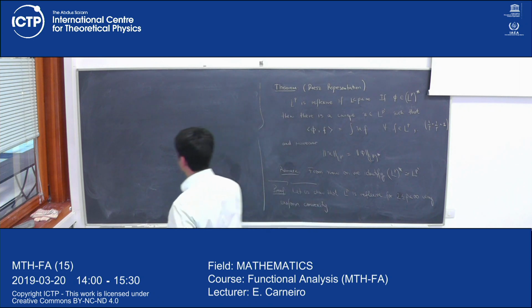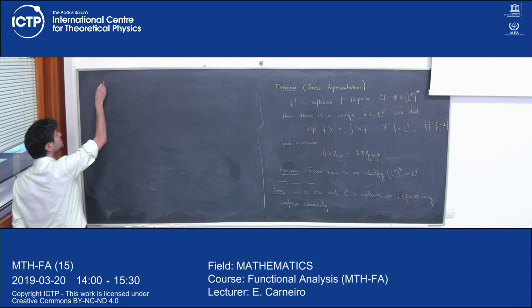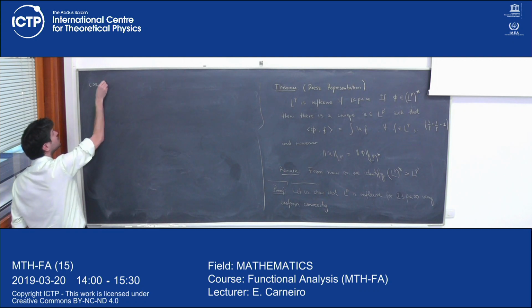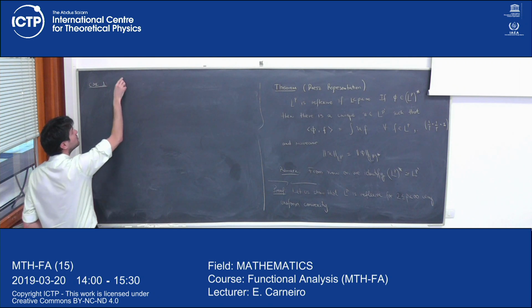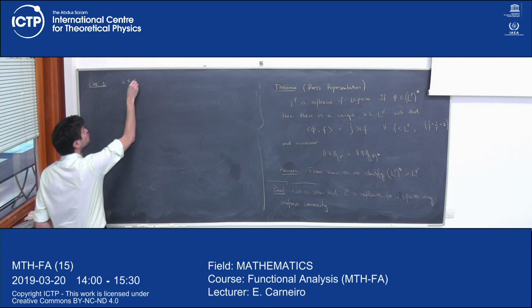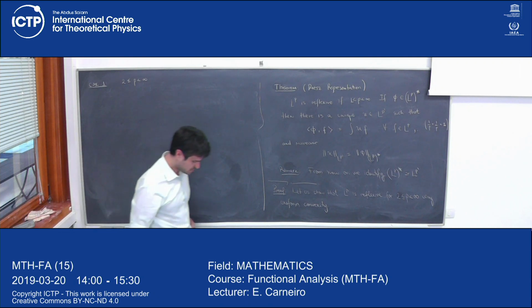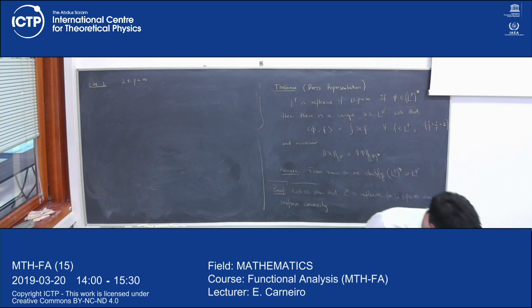Let us divide into these two cases. The first case, case 1, is this one, so my p is between 2 and infinity. And then the inequality that I propose we use is this one. Let's see if we can prove this.